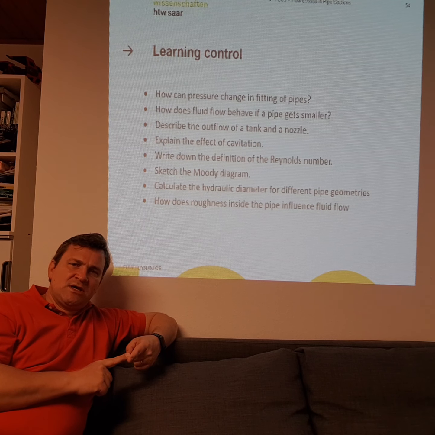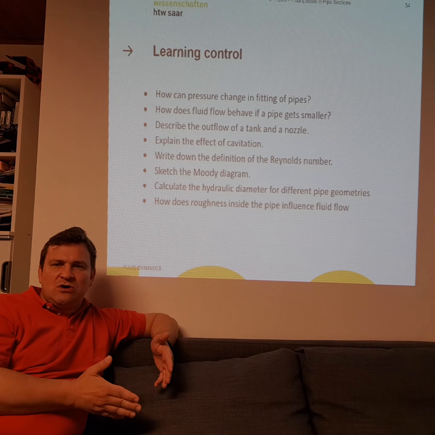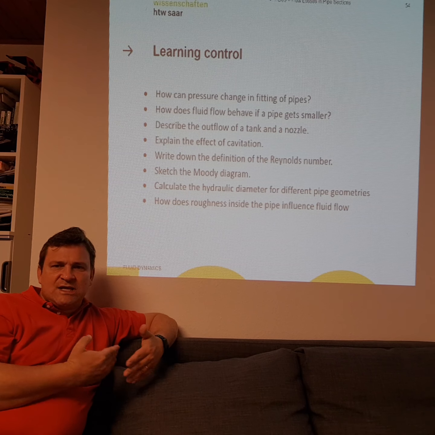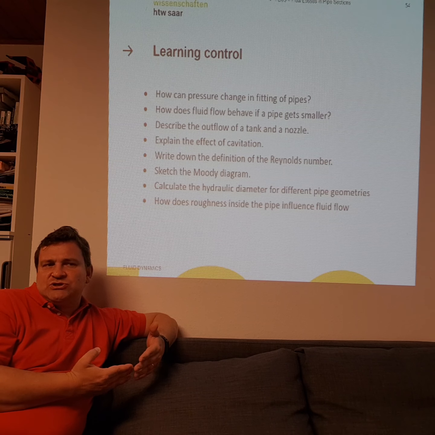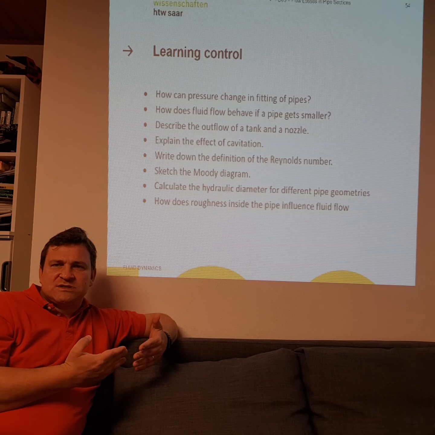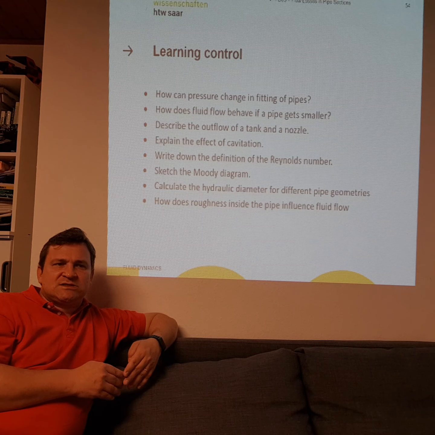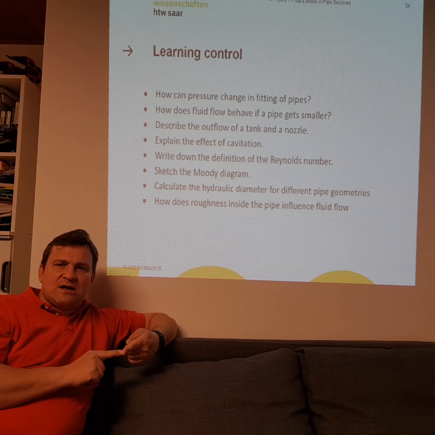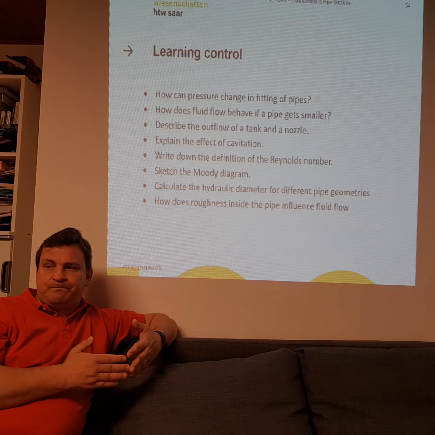If you work in fluid dynamics, if you want to be a scientist in fluid dynamics, or if you want to be an engineer who builds fluid dynamic systems, you must know what the Reynolds number is. You must know that you can calculate with the Reynolds number if a fluid is turbulent or laminar.